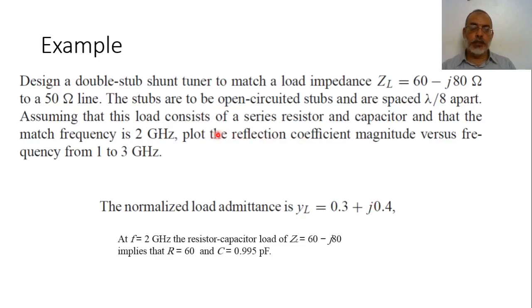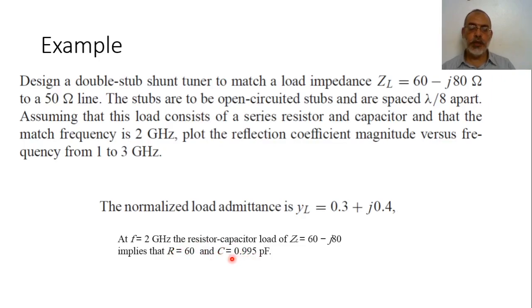For calculating the second part, it would be required to determine the value of the capacitance such that the reactive part of the load will be changing with the frequency. So in this case, at frequency 2 GHz, the resistor capacitor load, Z load equals 60 minus j80 ohms, can be represented by a resistance 60 ohm and capacitance of 0.995 picofarad.